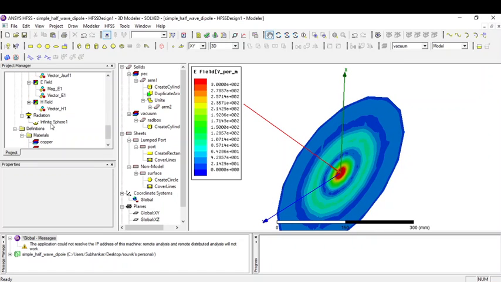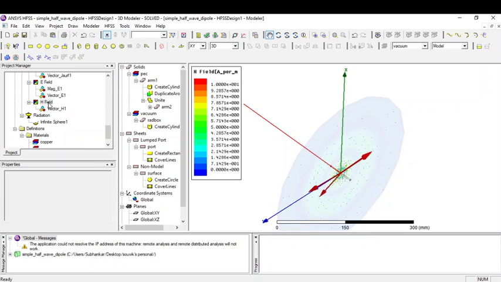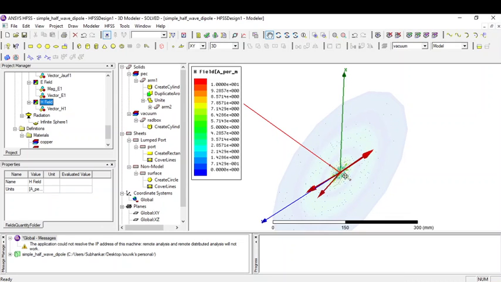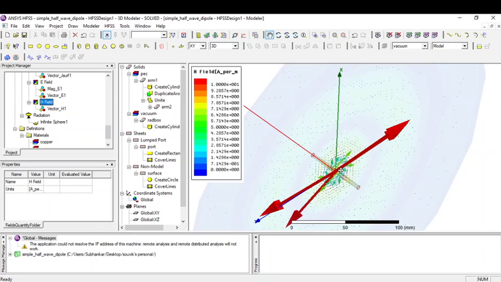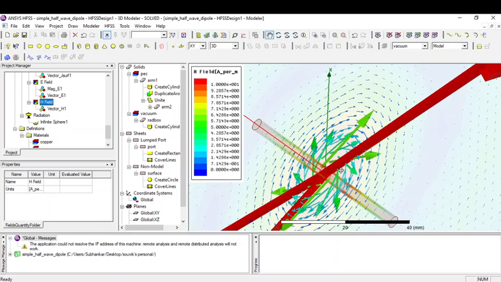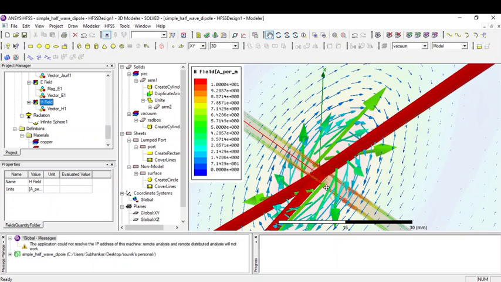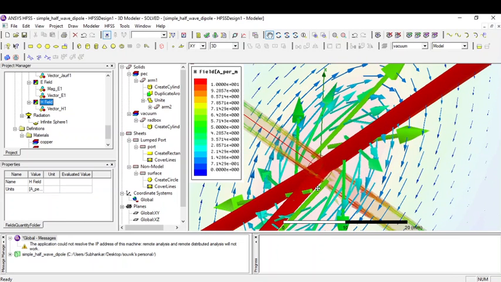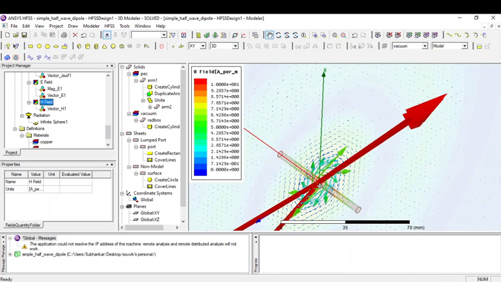We can see the magnetic field too. It radiates right from the center in a clockwise manner.